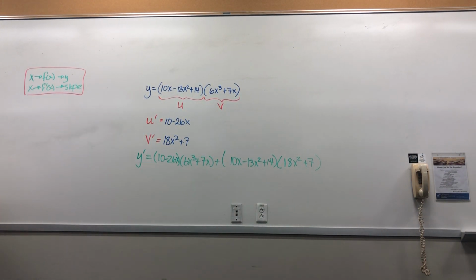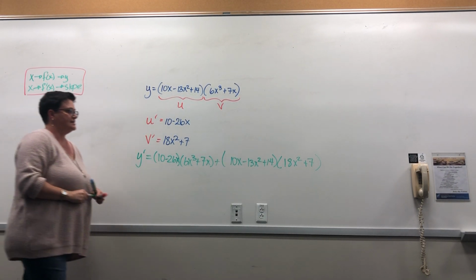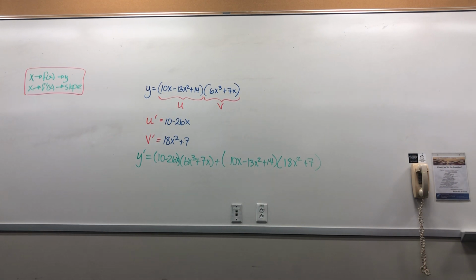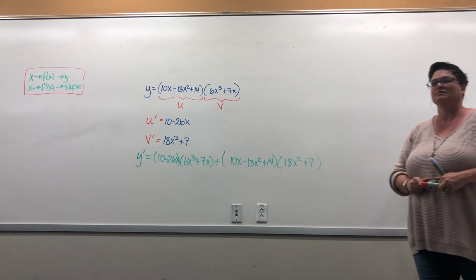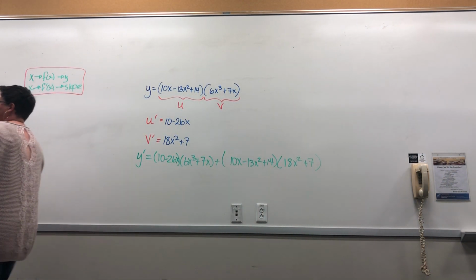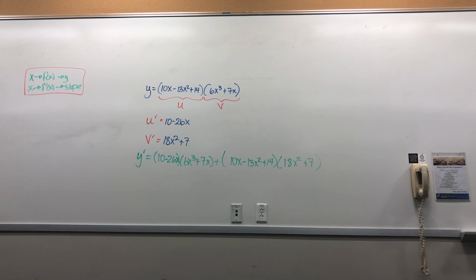It pays to catch my mistakes. God, that's so nice. I barely had to work at all. How do you feel? After you get it written down, you can stare at it for a second. That wasn't so bad. Y prime right there is just f prime of x. It's just another way of saying it.